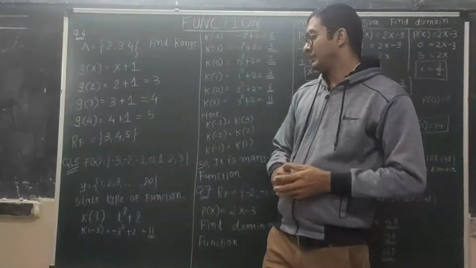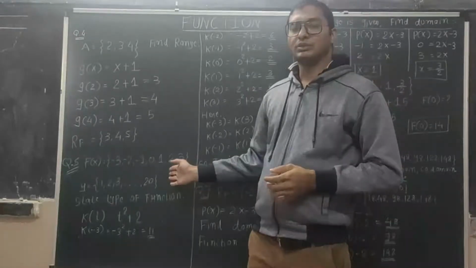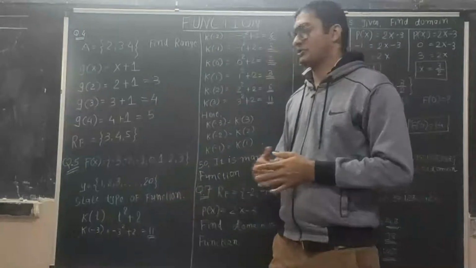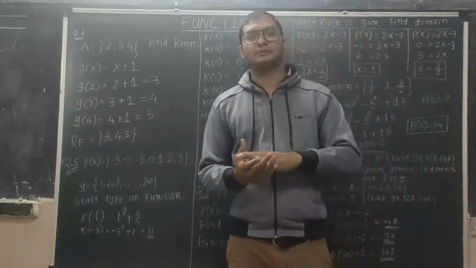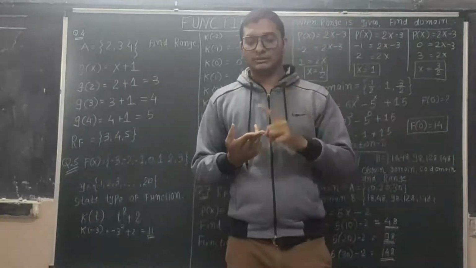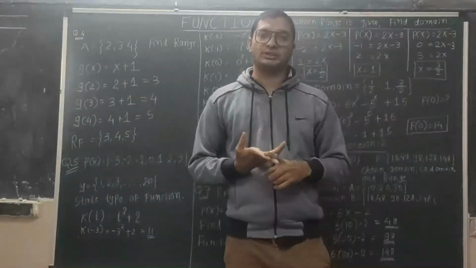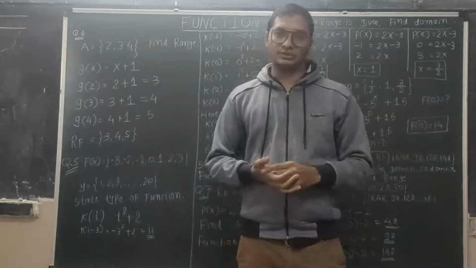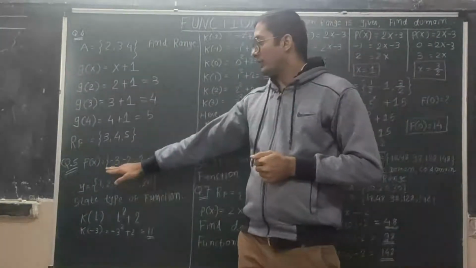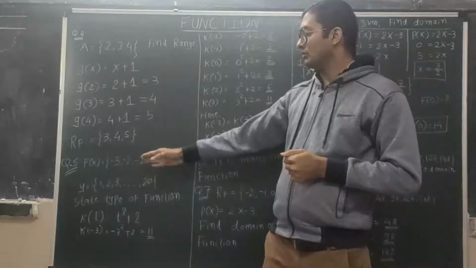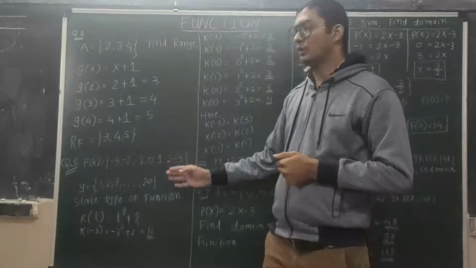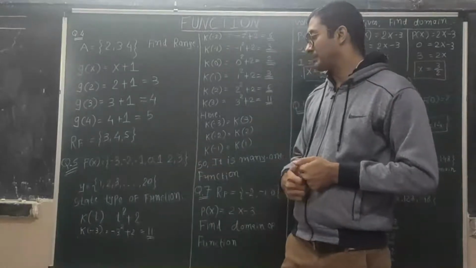Then the second type of question, where they ask about types of function. You know there are three types of function: one-one function, many-one function and constant function. Here the domain values are -3, -2, -1, 0, 1, 2 and 3.